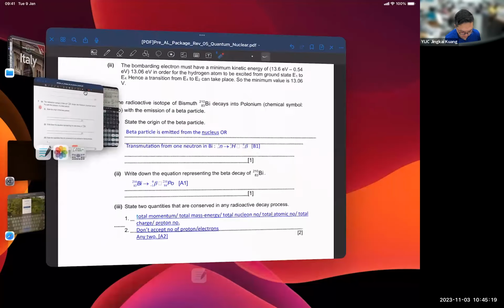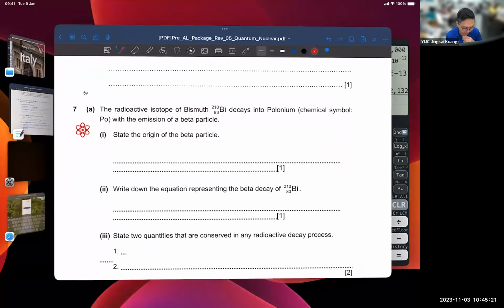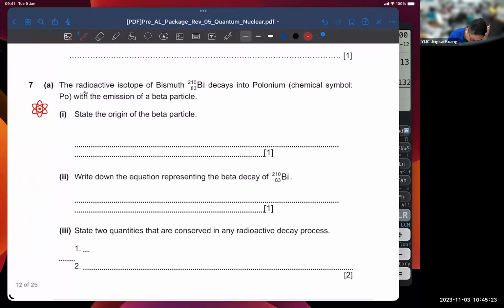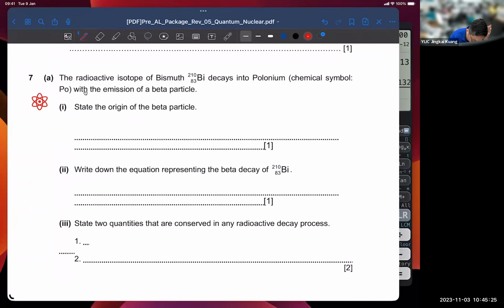Now write an equation representing the beta decay of bismuth. So this is bismuth-210 with proton number 83, undergoing decay. Remember, a neutron is converted into a proton and an electron. So the total proton count increases. This becomes 84.